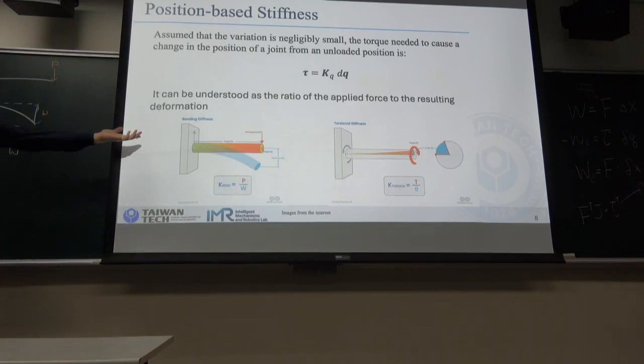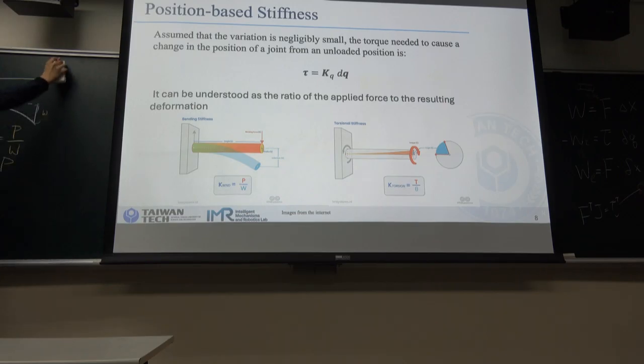So if your stiffness is very, very small, that means the same amount of force will cause a very large deformation. So we can say the deformation times the stiffness is equal to our external force.